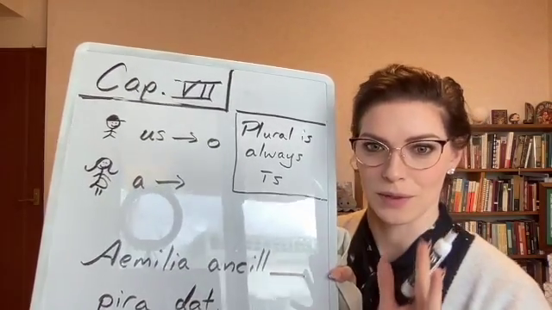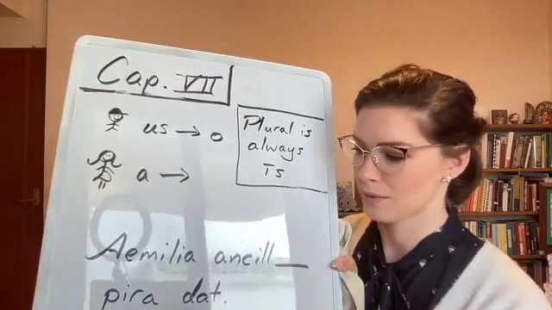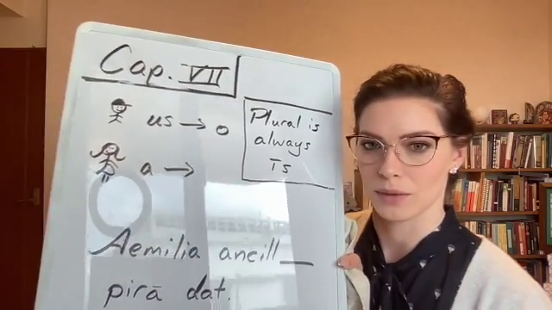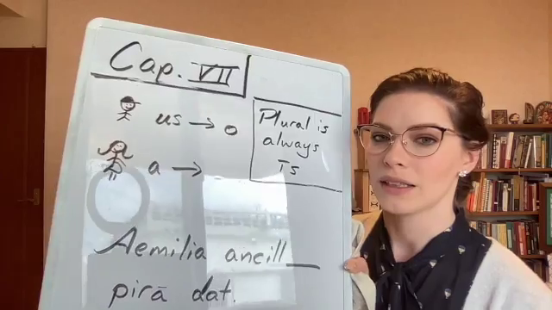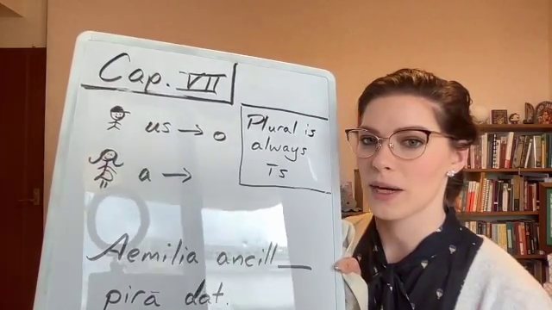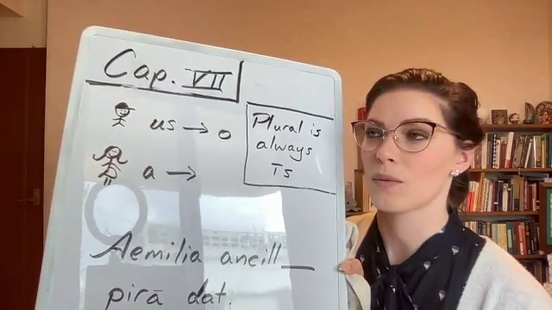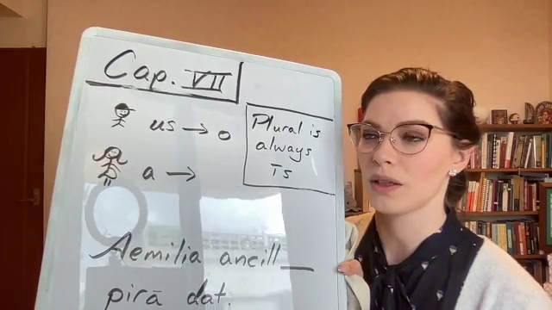There are so many pears that are being given to these maidservants. Technically, there should be that right there. But, you know, who's checking? All right. Aemilia is giving all of the pears to her maidservants. It is definitely more than one. It is for sure plural.